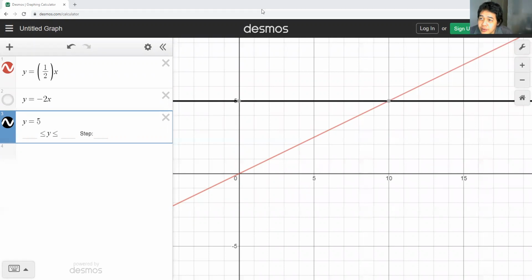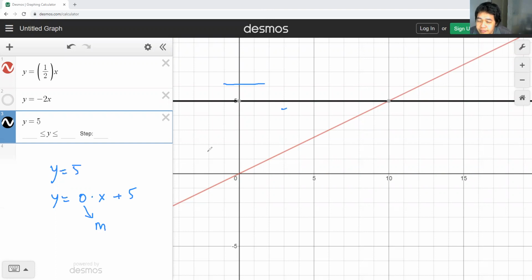Because when you write down y equals 5, it's like you have y equals 0 times x plus 5, and this 0 here is your slope. So when the slope equals 0, what you will see is a horizontal line like this one.